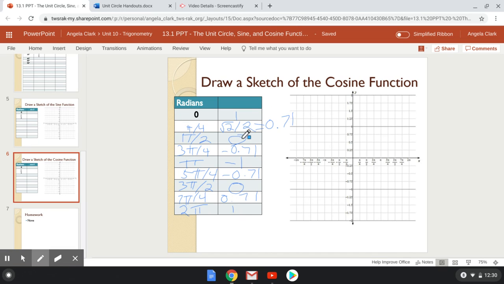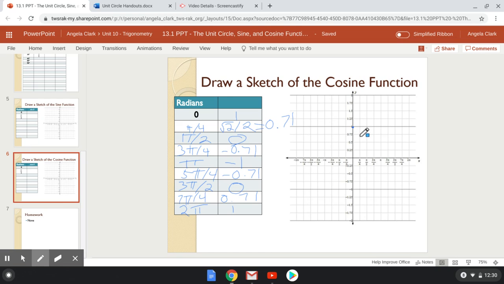All right, so let's graph this. So I'm at 0 radians. I'm going to be up here at 1. I should mention, when we're graphing sine and cosine, the x-axis is always going to be radians here. So 1, right?